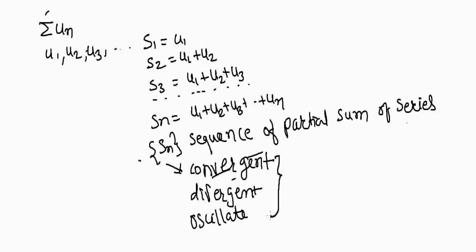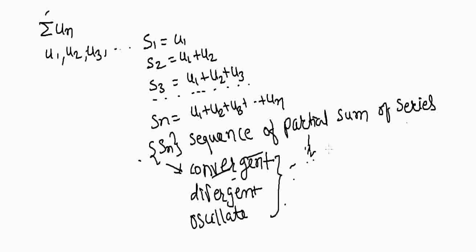According to the nature of the sequence of partial sums, the series is a convergent, divergent, or oscillating series. And hence friends, the nature of the sequence of partial sums plays a central role in infinite series.